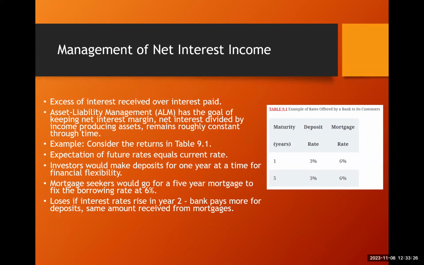And what will happen is that due to liquidity preference theory, investors will prefer to invest for a shorter period of time if the interest rates are the same. And so typically longer maturities correspond to higher rates of return.